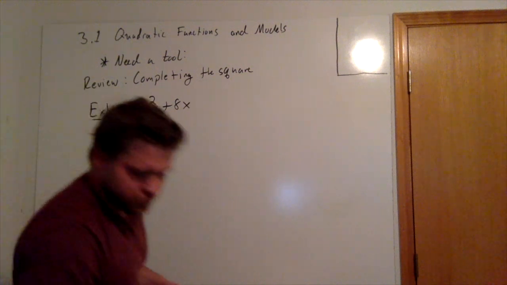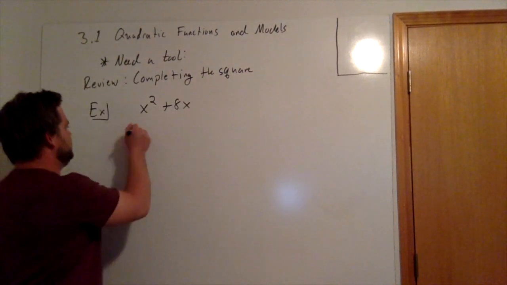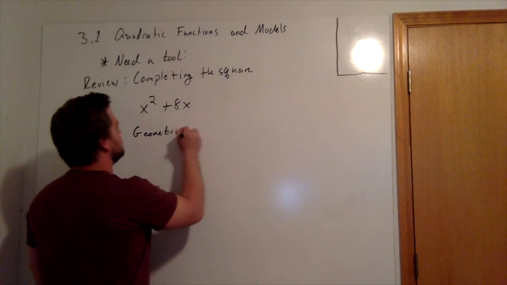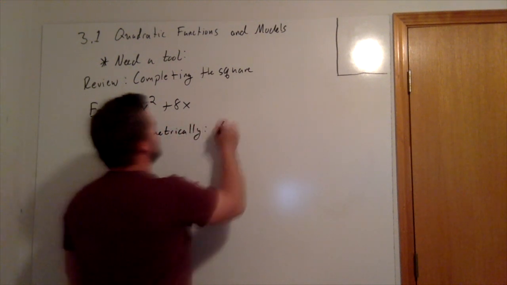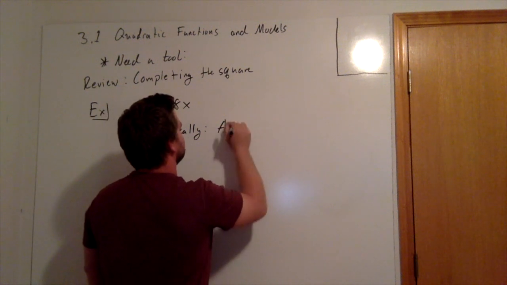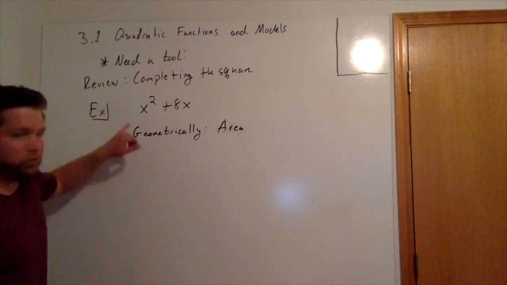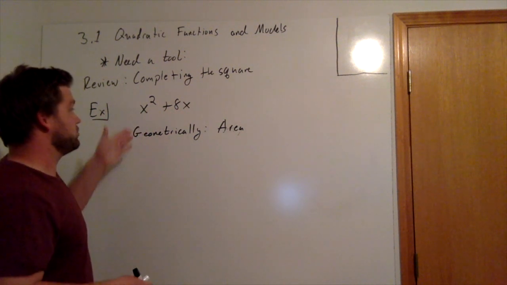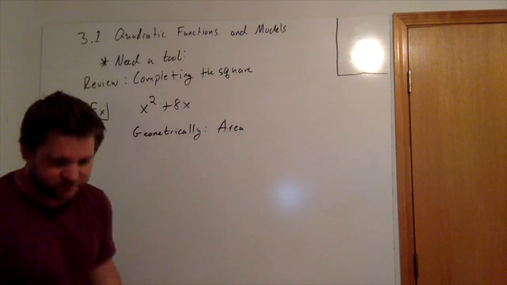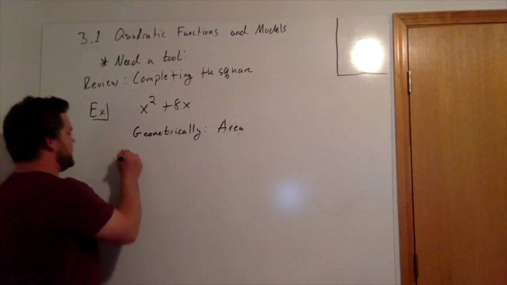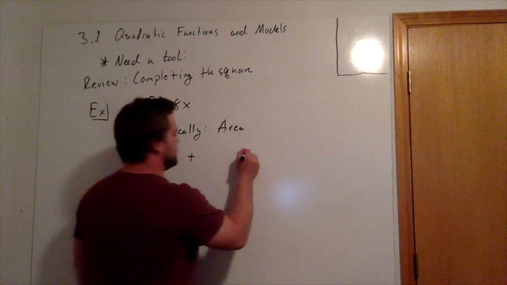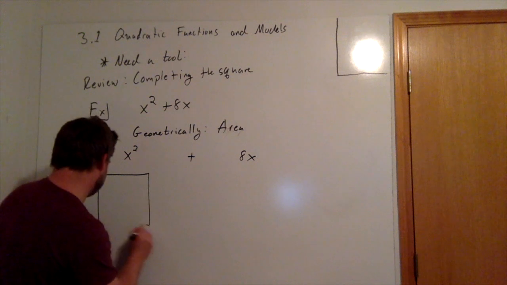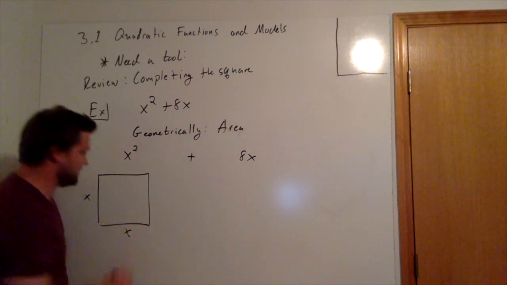When I look at this geometrically, we should be thinking about area. When I look at this x squared term, we should be thinking about the area of a square that has side length x by x. So when we think about x squared plus 8x, we're going to interpret this as a box with side length x and side length x.